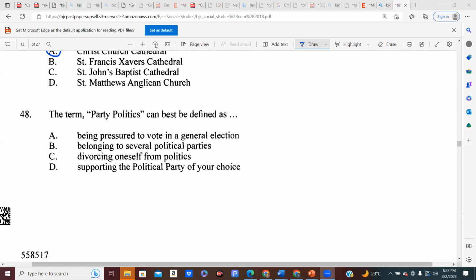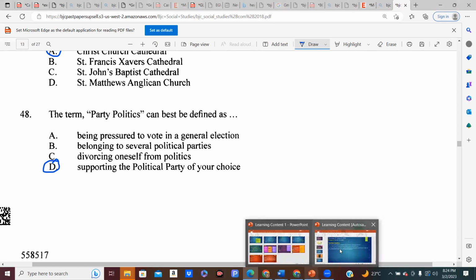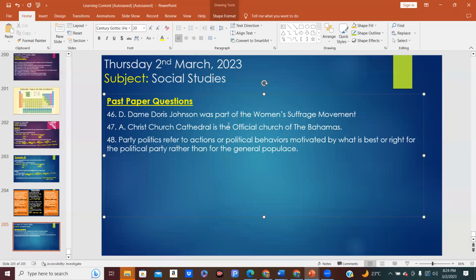Fate of the universe on the line. What am I going with? I'm going with D. So let's go with D. By the way, that's just Guardians of the Galaxy type language.